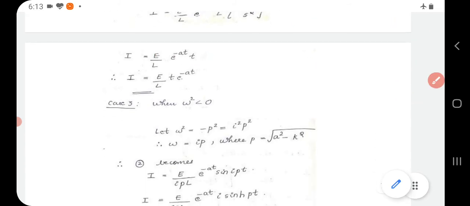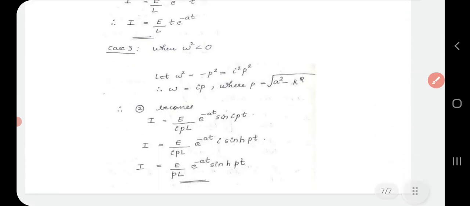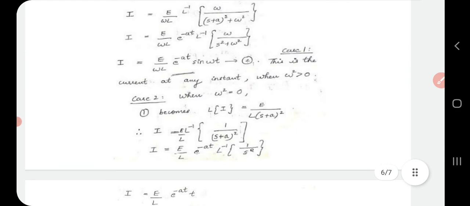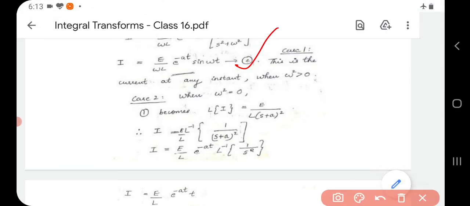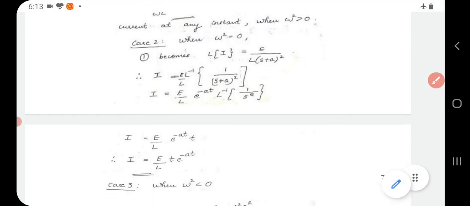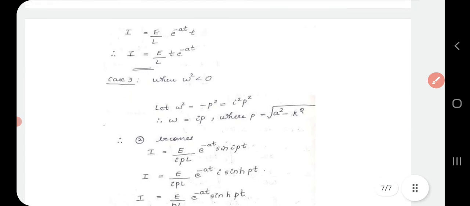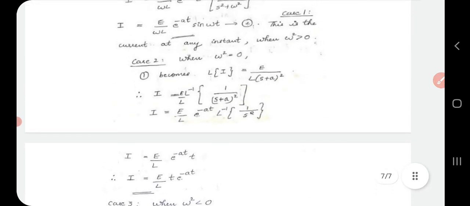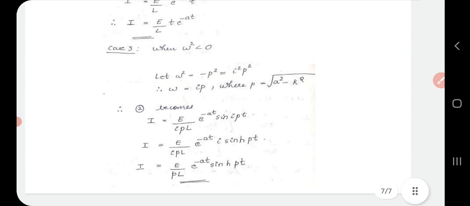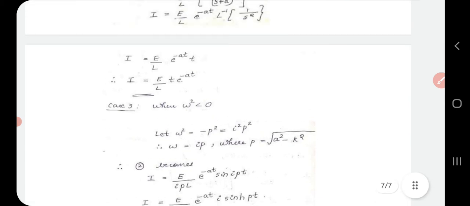Now the last case, case 3, when omega square is less than 0. In that case, your equation 2 will become E by omega L. Instead of omega, you are introducing an imaginary term, that is ip, where p equal to root of a square minus k square.